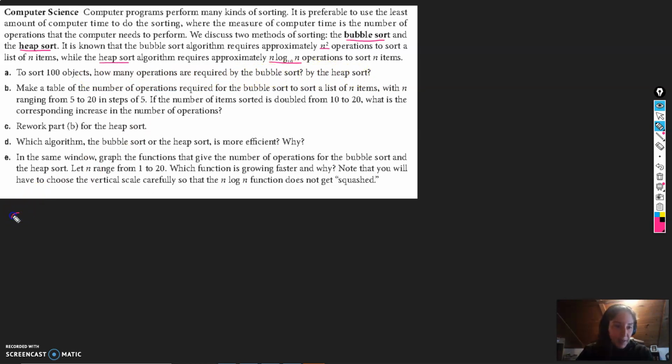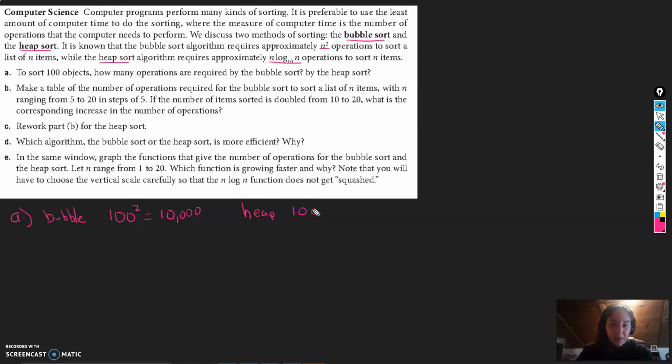For A, for bubble sort, we know it's n squared, and we're going to sort 100 items. So for bubble sort, it's going to be 100 squared, which is 10,000. And heap sort is n log n.